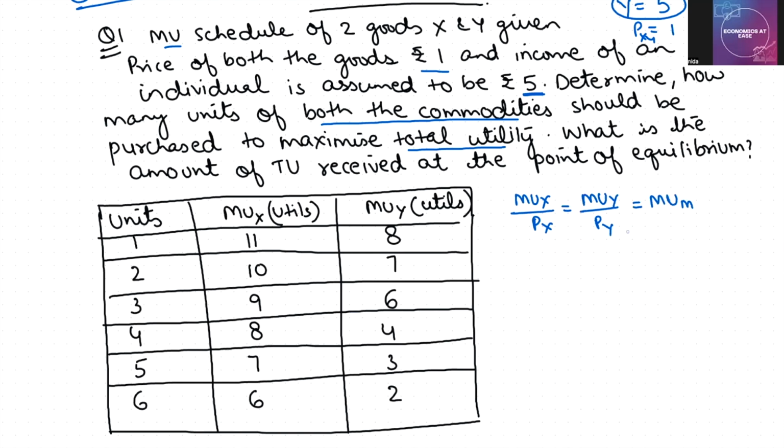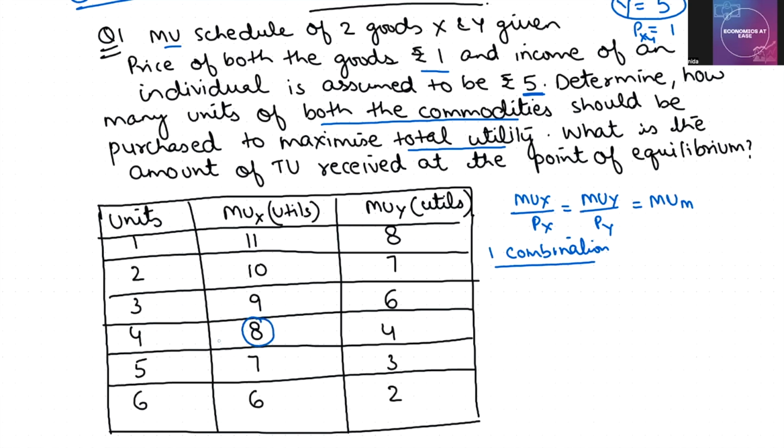Now we are going to see the combinations. The first thing is we need to find the common number, where the utility is equal in both the products. 11 is not here, 10 is not here in the Y commodity, and 9 is also not available in Y. Then number 8 is there. The price is 1, right?